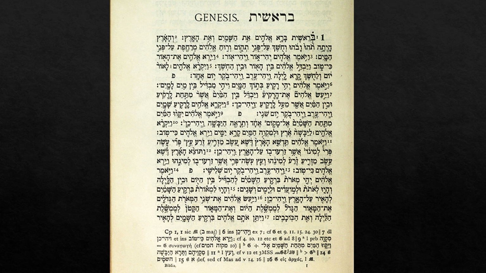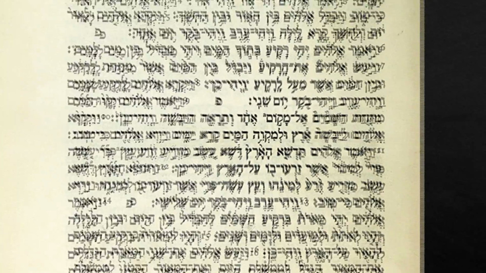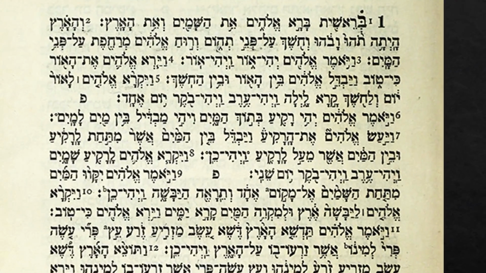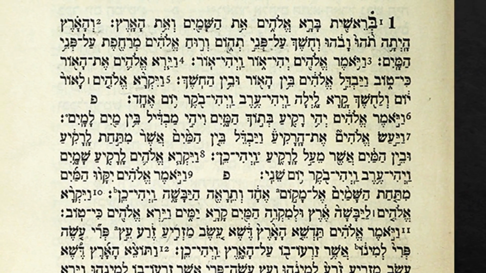And this is a picture of the early editions of Biblia Hebraica. You can see this is the book of Genesis. It says Bereshit there on the top right corner, and we can read right from the beginning here. It says, Bereshit bara Elohim et hashamayim va'et haaretz. In the beginning, God created the heavens and the earth.